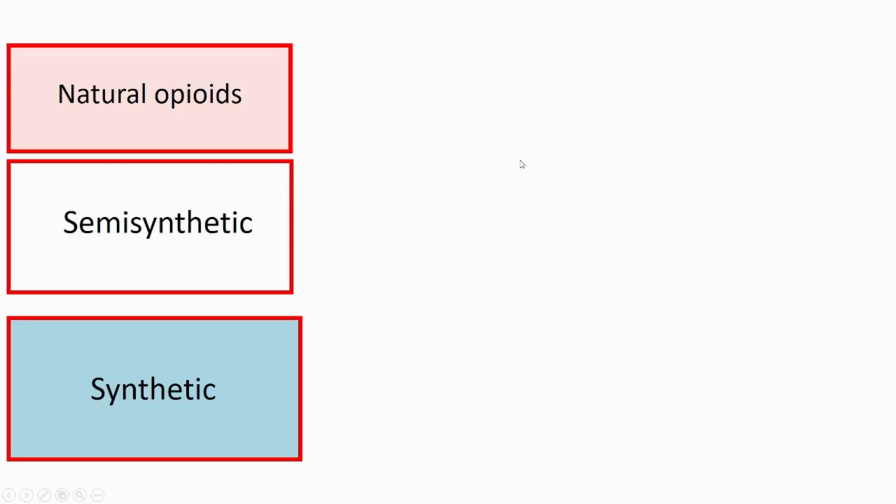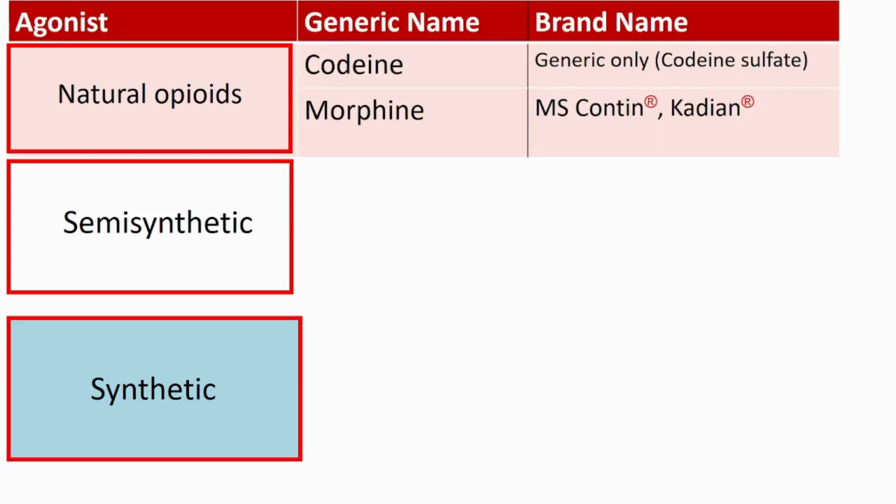Opiates can be categorized into three categories: natural opiates, semisynthetic, and synthetic opiates. The natural opiates currently available are codeine, which comes in many generic products as a codeine sulfate salt, and morphine.